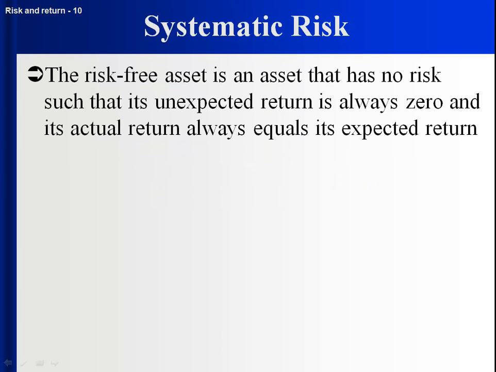So the risk-free asset, by the name, has no risk, and by definition what that means is that the unexpected return is always 0 and the actual return always equals expected. If we're told that the rate on the risk-free asset is, let's say, 3%, no matter what happens, no matter what news there is, it's going to get 3%, 3%, 3%, 3%, 3%. There's absolutely no volatility.